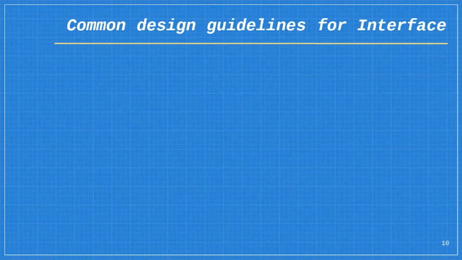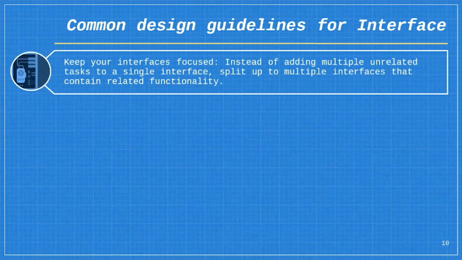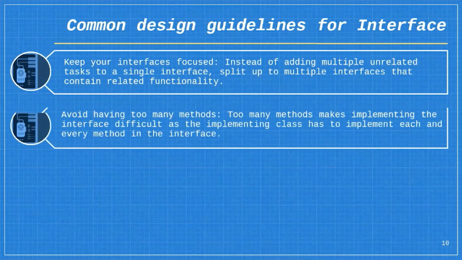So what are the common design guidelines for interfaces? Instead of adding multiple unrelated tasks to a single interface, always split it up into multiple interfaces so that they will contain related functionality. In that way, you can keep your interfaces focused.